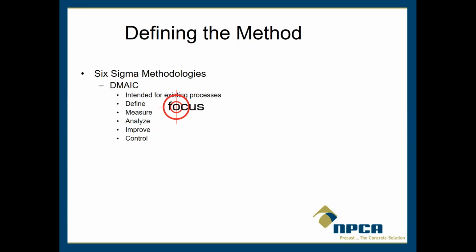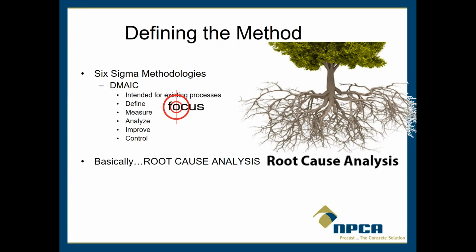But still, one of the big things we get into is focusing on a problem so that we can solve it. There are a couple of methods we could use. We can use DMAIC: define, measure, analyze, improve, and control, which is basically a root cause analysis. Here are some methods for analysis that we're going to talk about today.